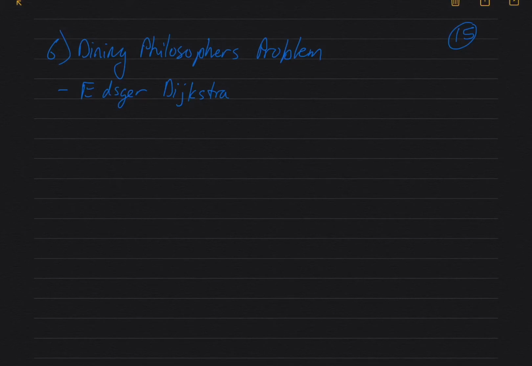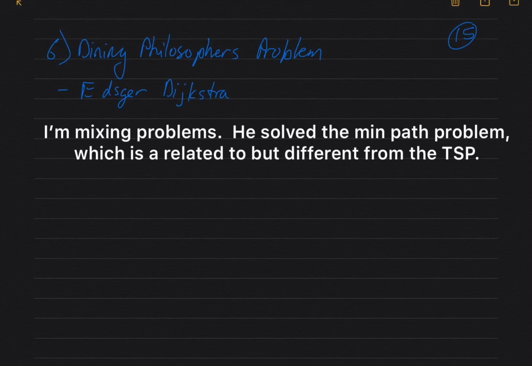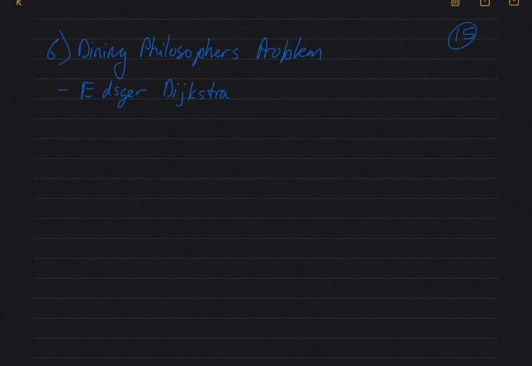the traveling salesman's problem. I might be a little off on that, but he did something like that. Anyway, smart guy, obviously. Created this problem for a grad exam. I think it was PhD students, and he wanted to illustrate a concurrency problem.